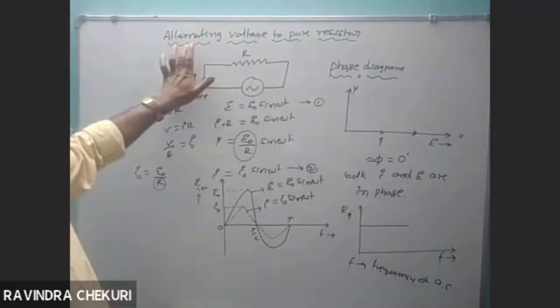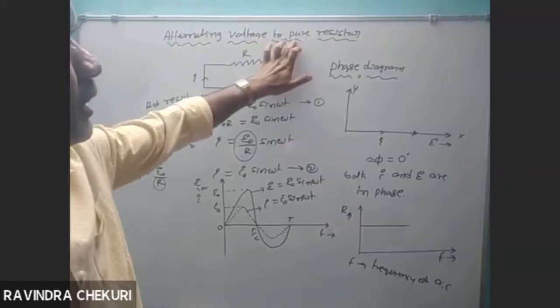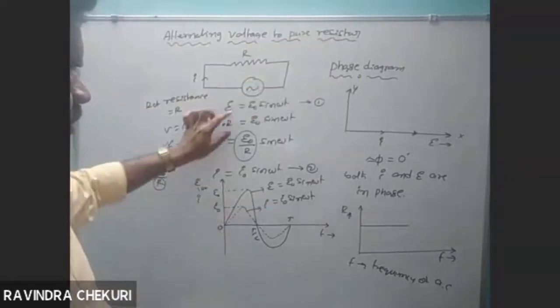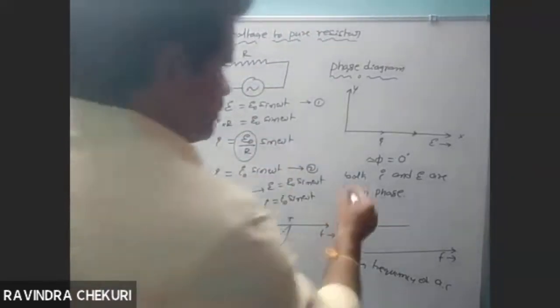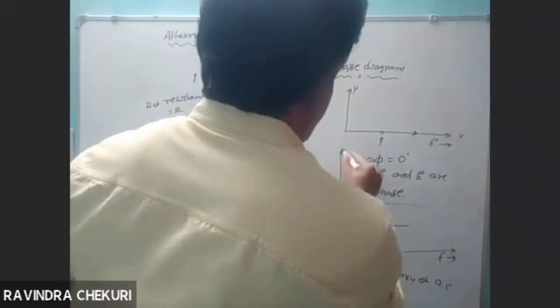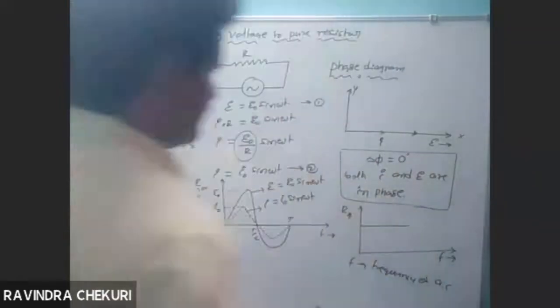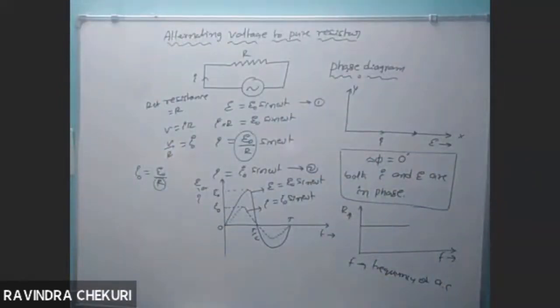In the case of alternating voltage to the pure resistor, E and I are in phase. The phase reference is 0.